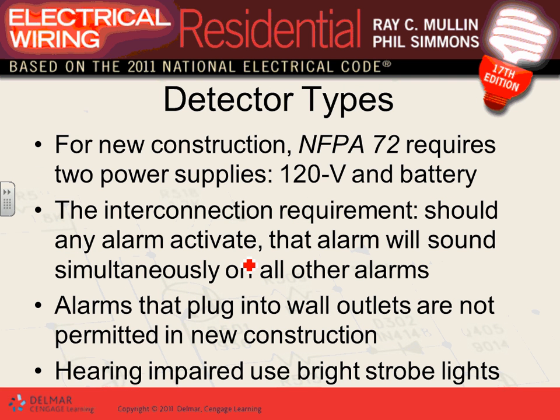Okay, detector type. Let's talk a little bit, guys, about the detector type. A few things that you have to do. NFPA 72, the fire alarm and signaling code, requires, and I emphasize requires, two sources of power. One is 120 volts and the other one is battery. Done. So for a dwelling, when you have a fire alarm system, you must have two sources of power for the fire alarm panel or the smoke detectors in your house.